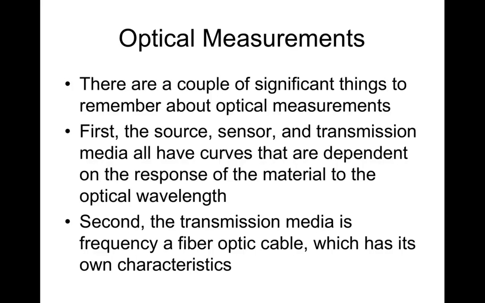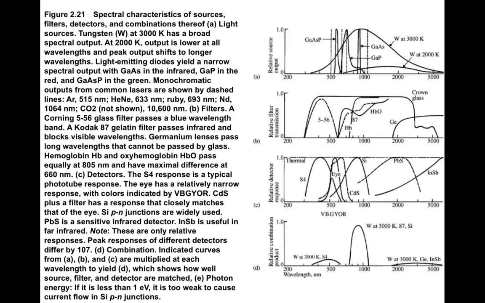So if you send an infrared signal through the atmosphere and you produce that infrared signal with a light emitting diode, and then you're trying to detect it with a photodetector, the diode itself has a characteristic curve, the air has a characteristic curve that it will transmit, and the photodetector has a characteristic curve that it will receive. The second thing to remember is that a lot of times the transmission media is a fiber optic cable, which has its own characteristics. So those are two things to keep in mind.